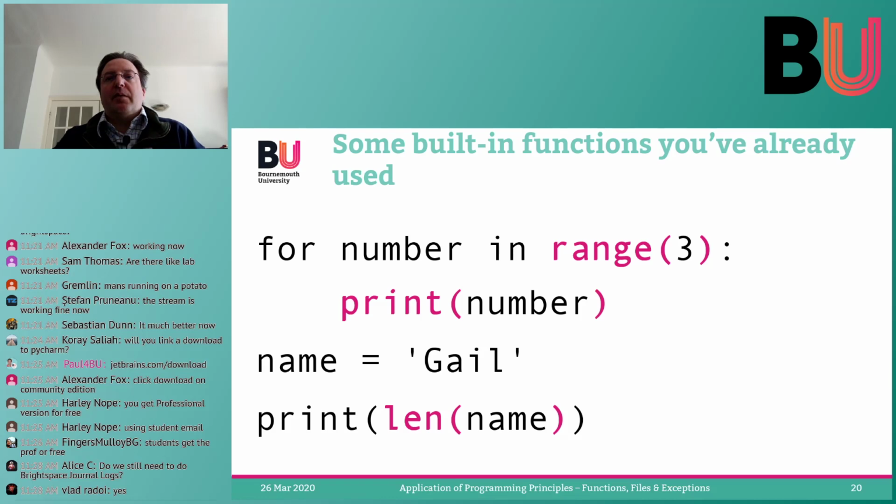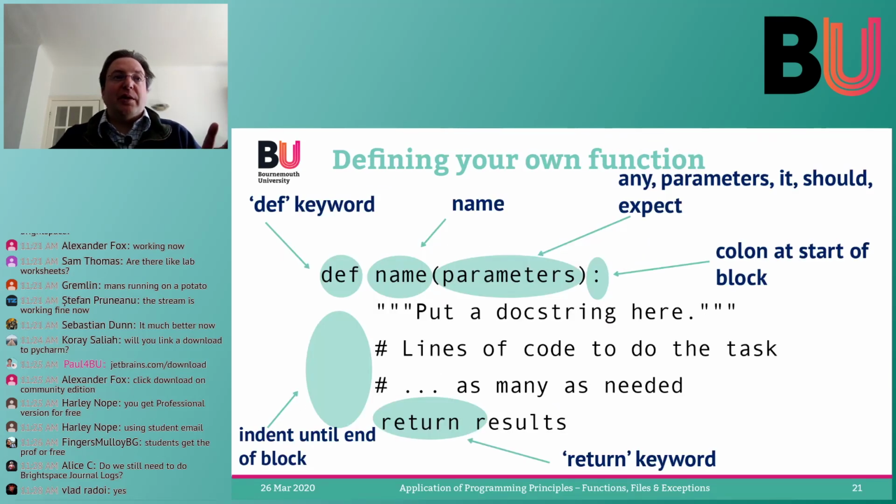So how do you define your own function in detail? We start with the def keyword. Then we have our name, any parameters that we need, and a colon at the end. Then you put your documentation string after that, and yes, it works if you don't put a documentation string.